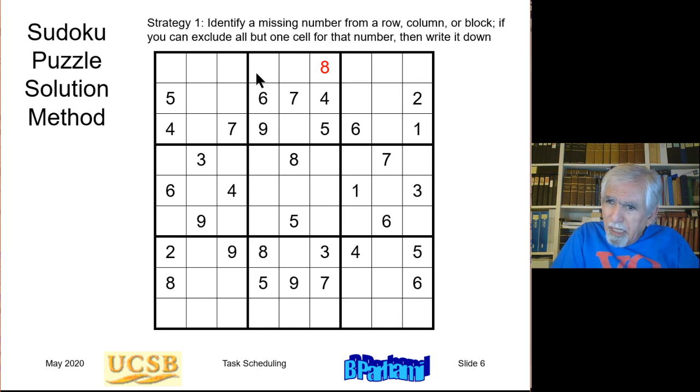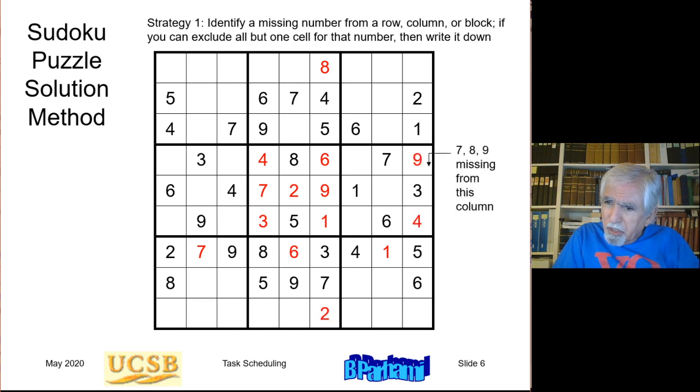This column already has an 8. This column already has an 8. So 8 must go into this column, and there's just one option for that. So these are the freebies that I was talking about before. There are quite a few of them, and easy puzzles tend to have a lot of these freebies. So as I said, you can make a lot of progress without much thinking.